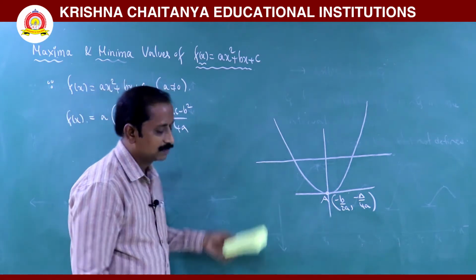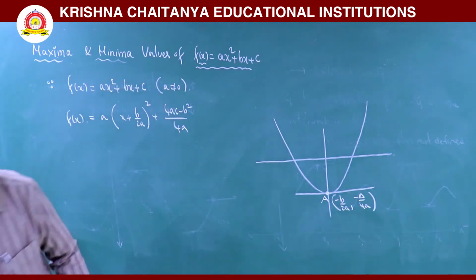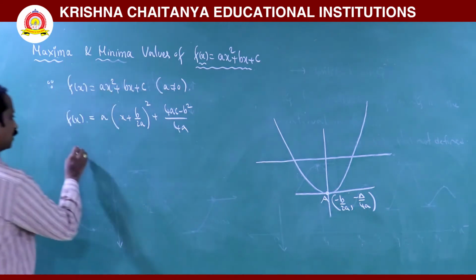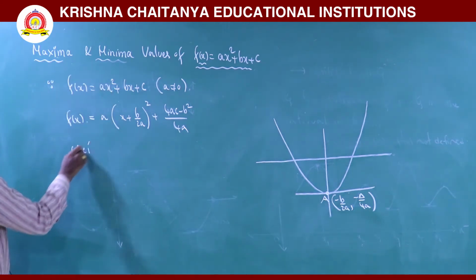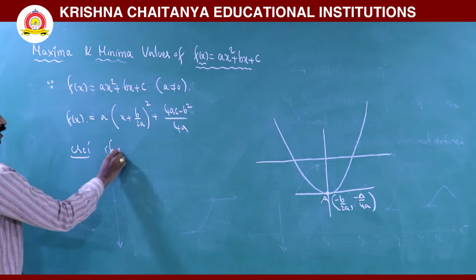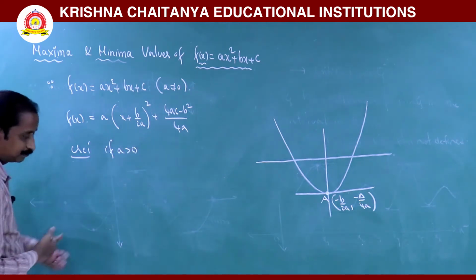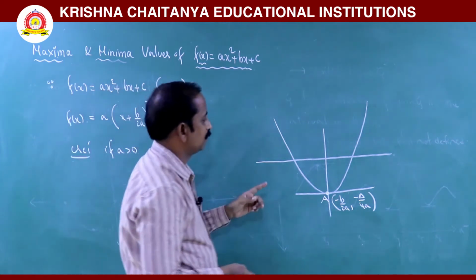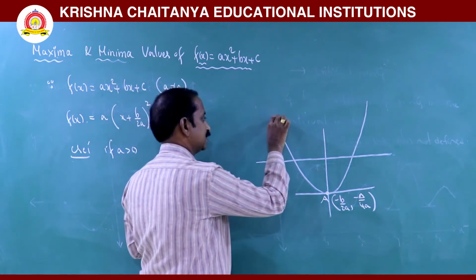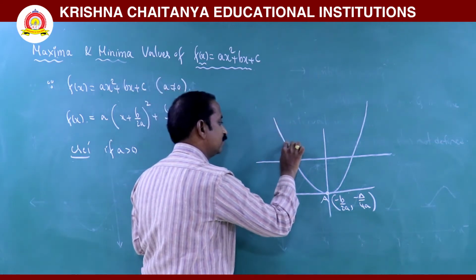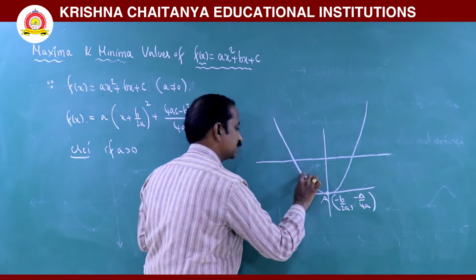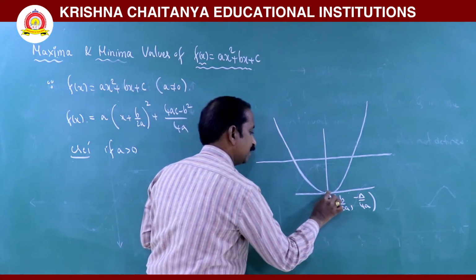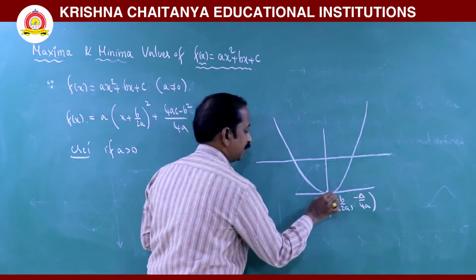Now observe the graph. Here a is greater than 0, our consideration. If a is greater than 0, observe the position of the curve: it is decreasing, went down, a decreasing function. At this point it is called the critical point.